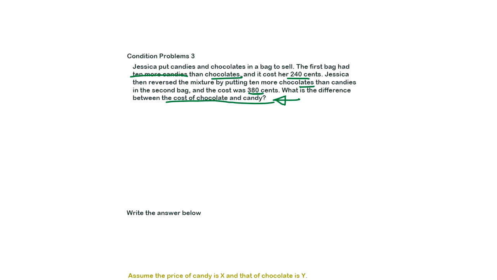Okay, so the cost of chocolate is X, candy is Y, but we have to introduce one more, which is the number of chocolates, Z. The first bag has 10 more candies, so Z plus 10 is the total number of candies, right?